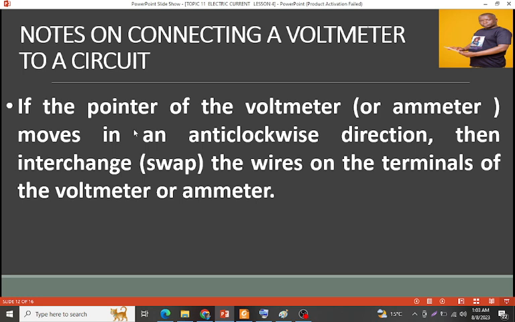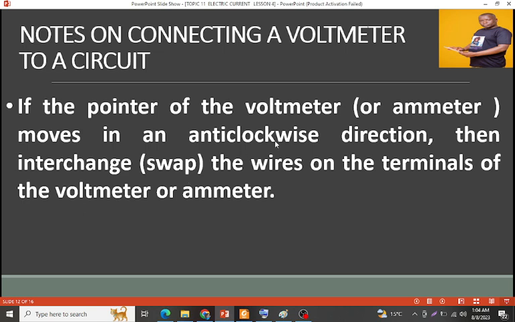Sometimes when you are doing practical work in which you are measuring voltage, you may notice that the pointer on the voltmeter or an ammeter moves or deflects in an anti-clockwise direction. Anti-clockwise means from left to right, like the way the arms of a clock move.